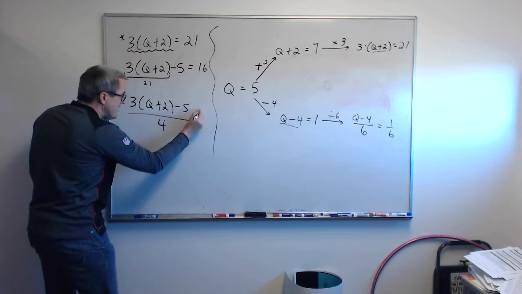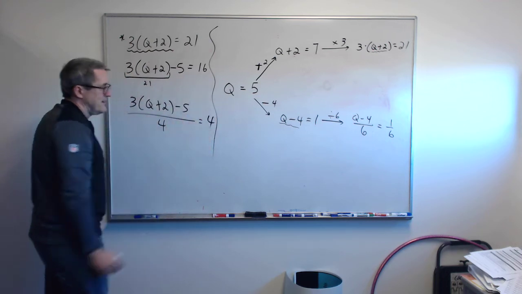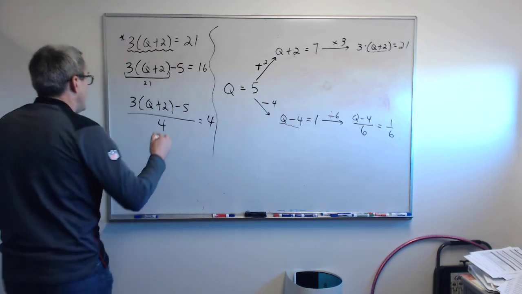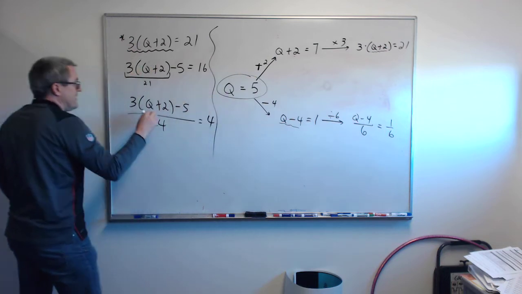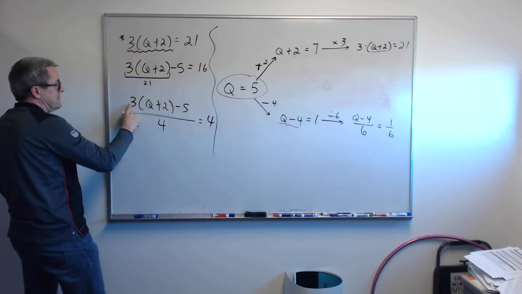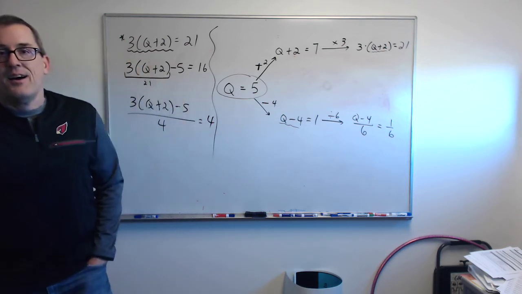Well, if all of that is 16, and I divide all of that by 4, I know that would have to be a 4 over there. So, again, starting with q equals 5, if q equals 5, then 5 plus 2 is 7. If 5 plus 2 is 7, that times 3 would be 21, and that minus 5 would be 16, and that divided by 4 would be 4.